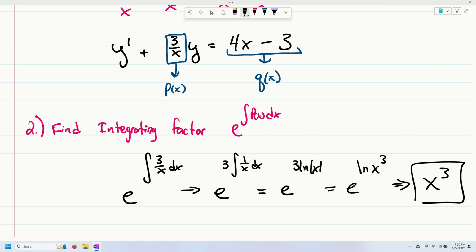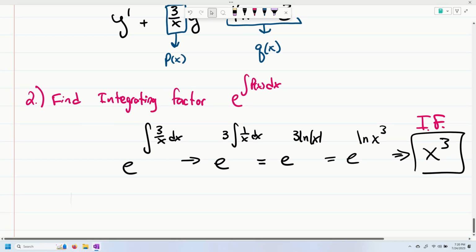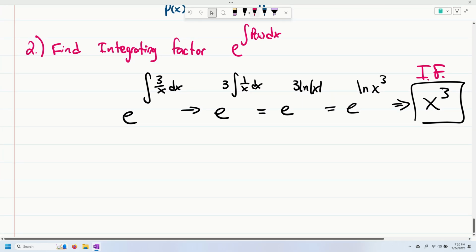Now, remember, that's our integrating factor. That's what the IF stands for, okay? At the start of this, I said we need to find that function that when we multiply the entire equation by it, we end up getting the product rule. Watch what happens here. Step 3.